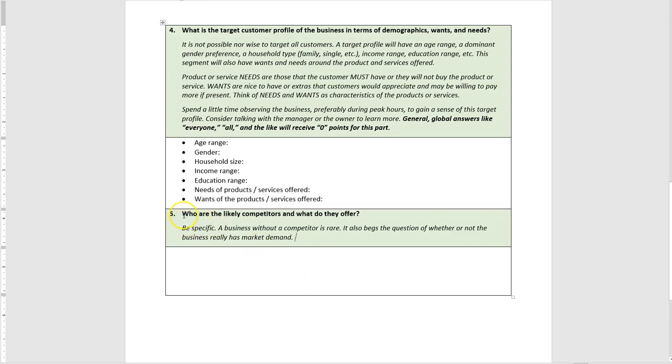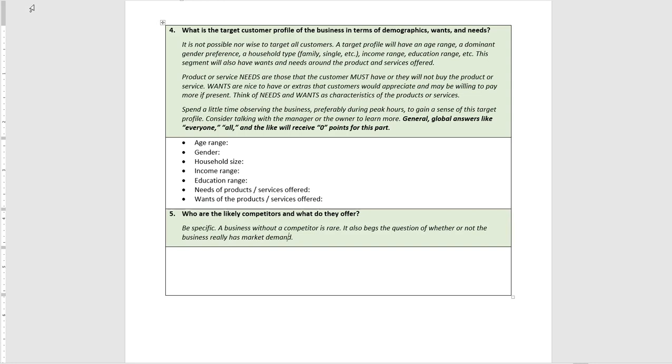The last question asks you to do a little research on who the likely competitors are for the business. And it may require that you do a little internet search or a drive around to figure out who these businesses are, and they are likely ones who offer similar products and services or ones that are substitutes to what the business currently offers.